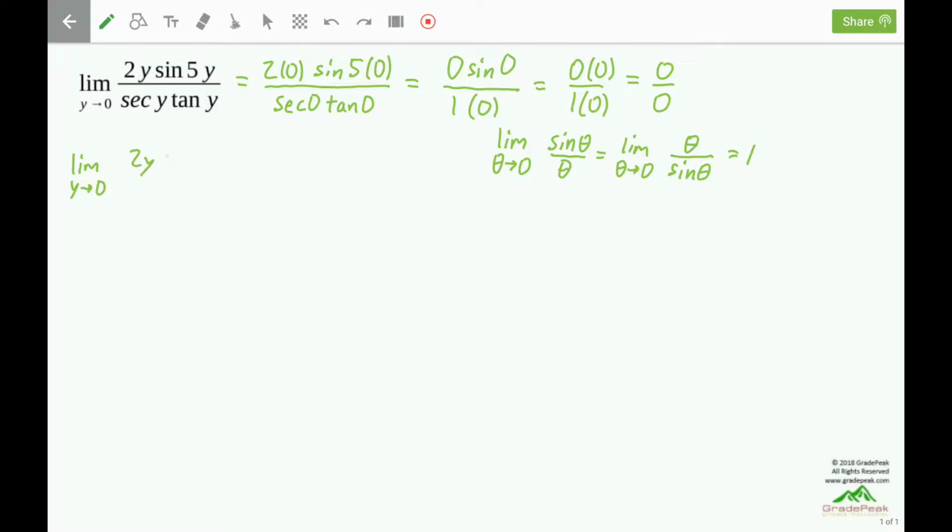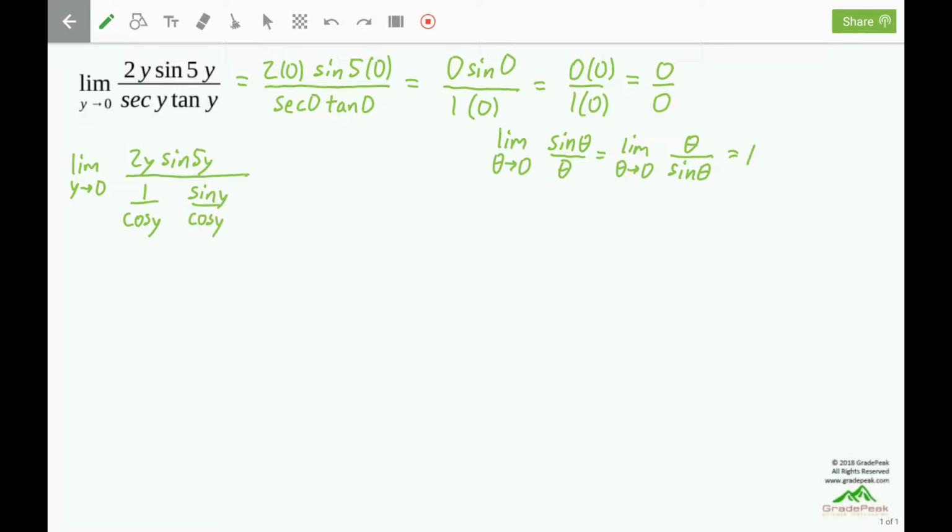We don't have any of those in the numerator, so we will have 2y times the sine of 5y in the numerator. But in the denominator, we have a secant of y, which is 1 over the cosine of y. And we have a tangent of y, which is the sine of y over the cosine of y.